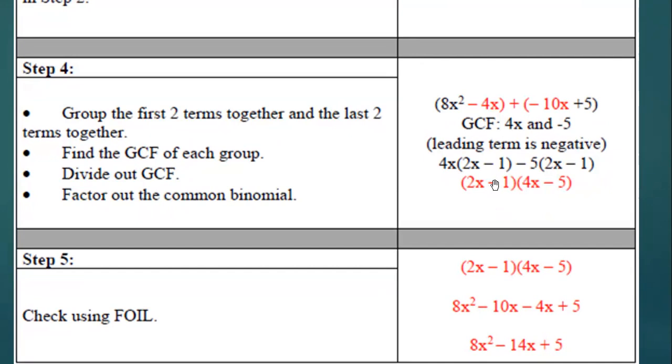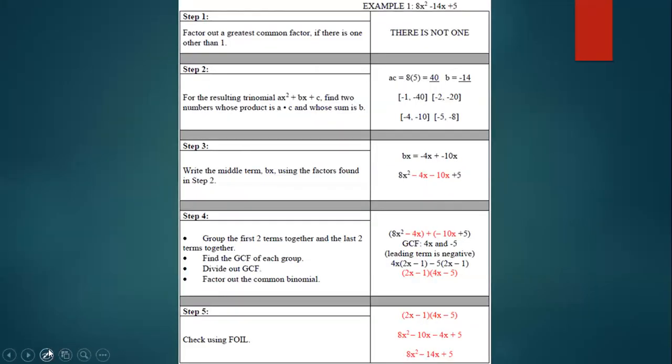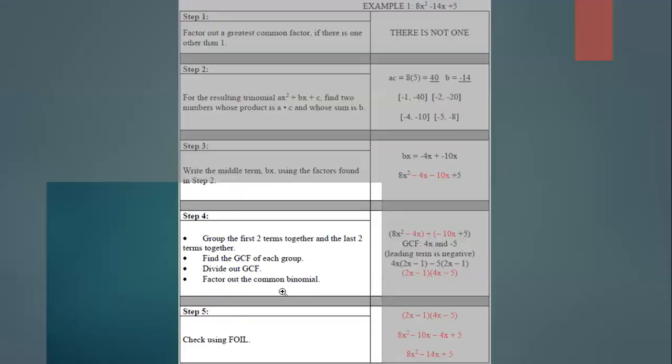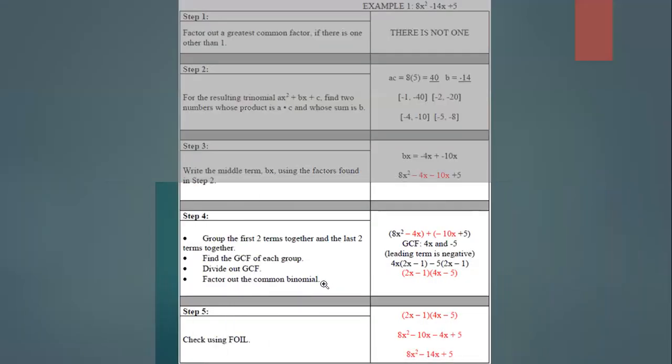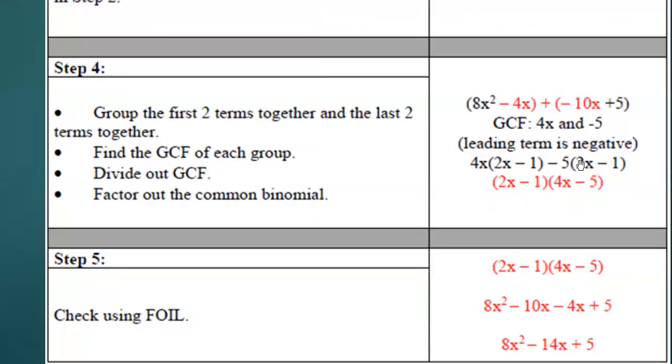So my common binomial is 2x minus 1. I factor that out. When you take out the 2x minus 1 from each of these terms, what are you left with? The 4x and the negative 5. And those are your factors.